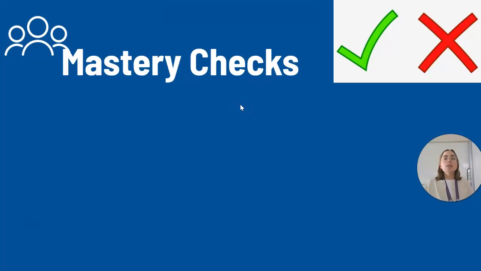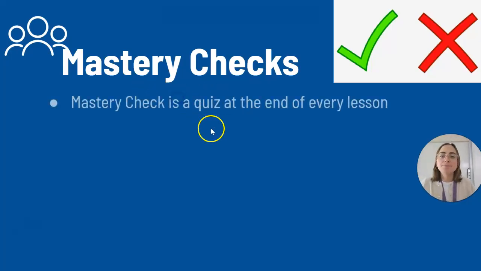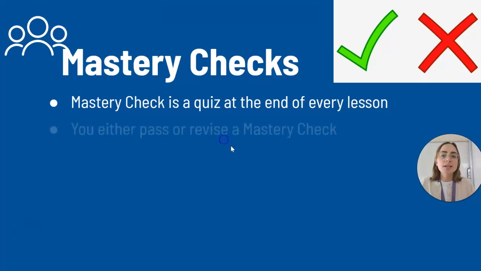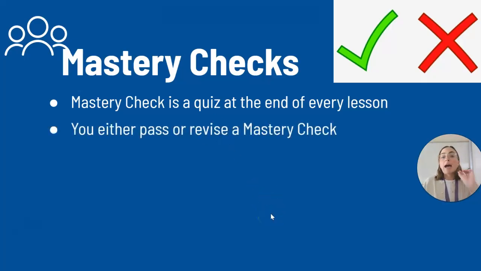Finally, I want to talk a little bit about mastery checks. A mastery check is like a short quiz at the end of every lesson. If you pass a mastery check, that means you move on to the next lesson. If you don't pass a mastery check, that's okay. You can retake it, you can revise it.